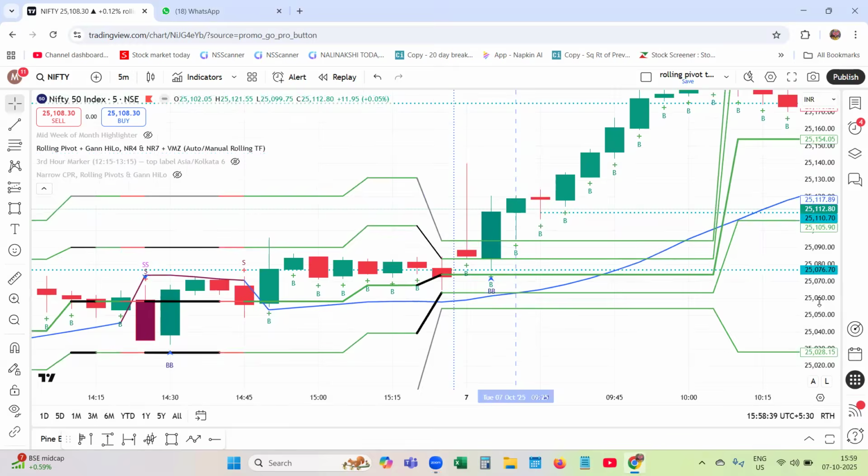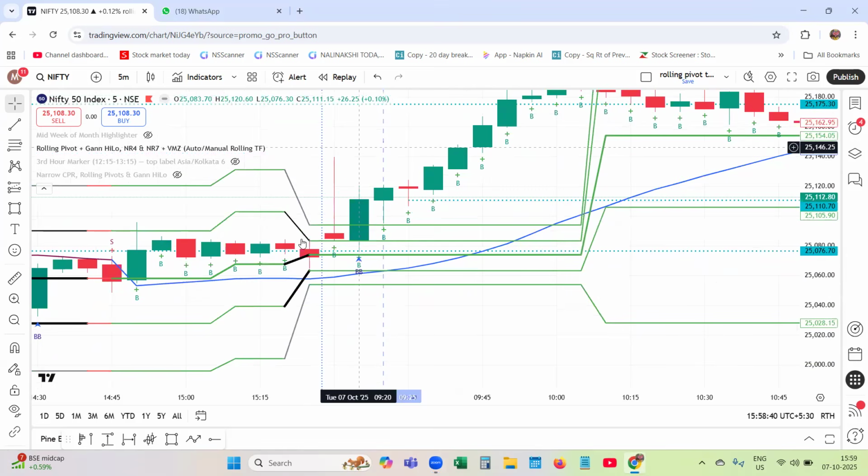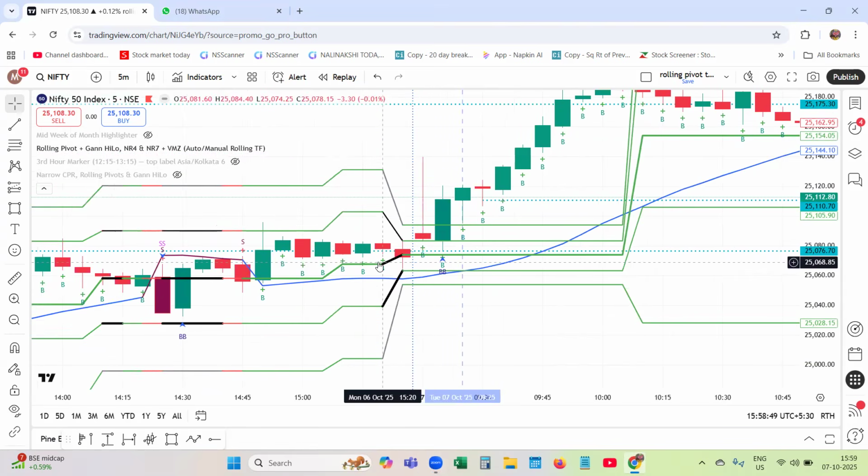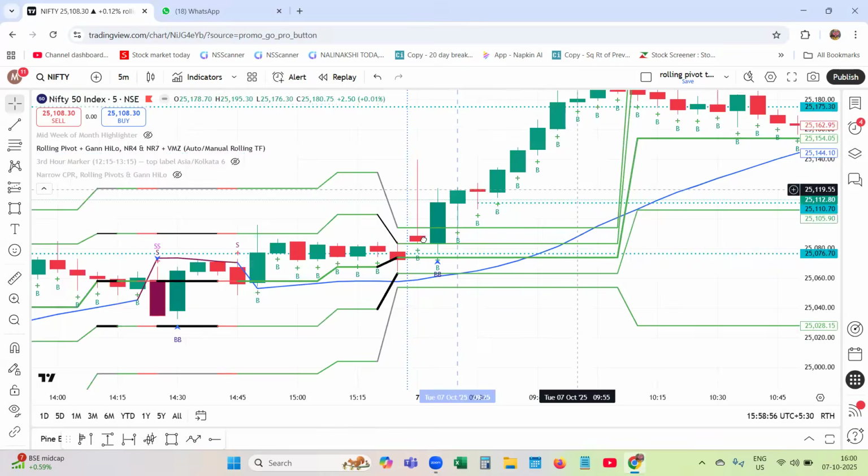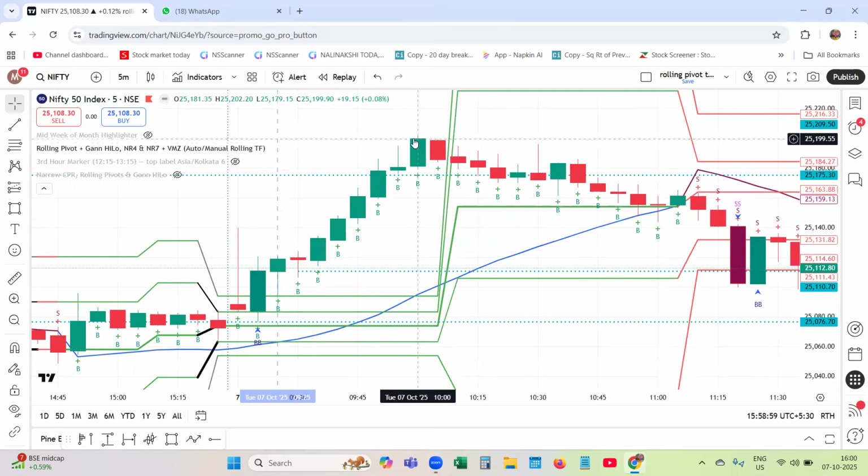But my indicator told you are not going to go short over here because the price was above the Gann HiLo and the pivots. Then in the next candle itself, buying emerged in the market and it made history. It traded up to 25,199.